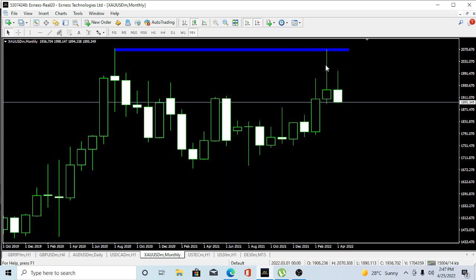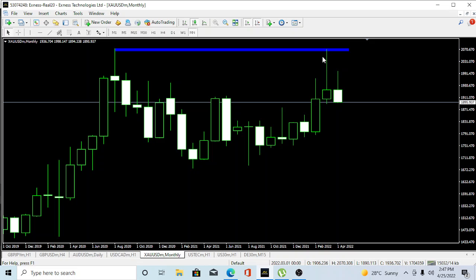You can see how big the rejection is, showing that buyers were strongly rejected from pushing price above the zone of 2065. They clearly failed to break above that zone and then got rejected. So this is the power of the bears, or the sellers.